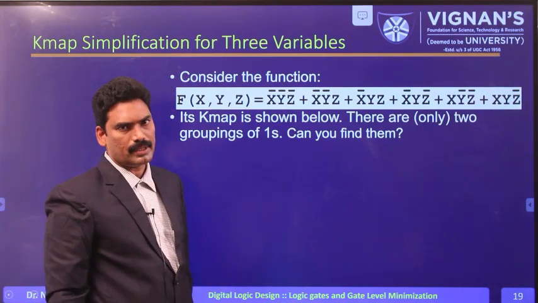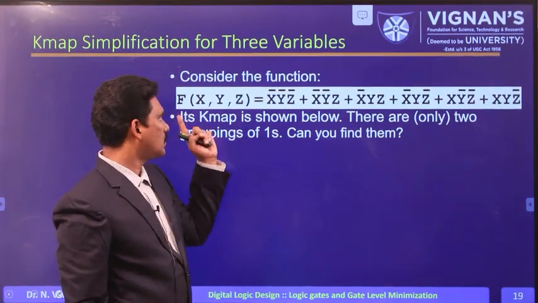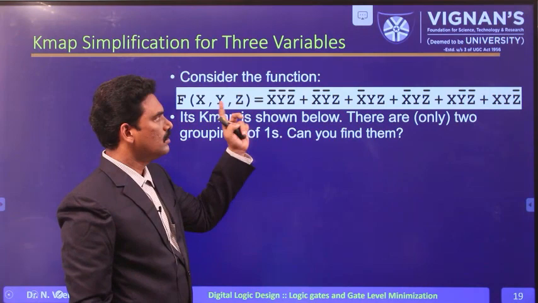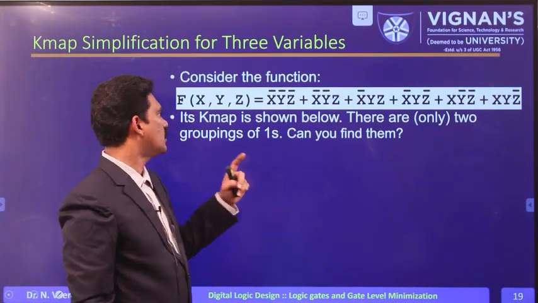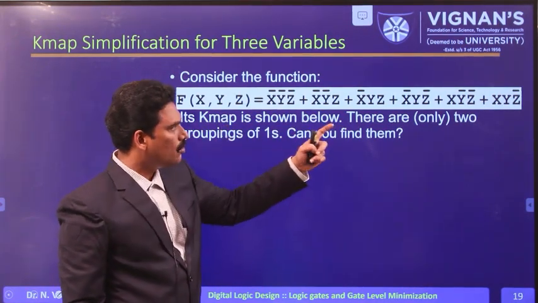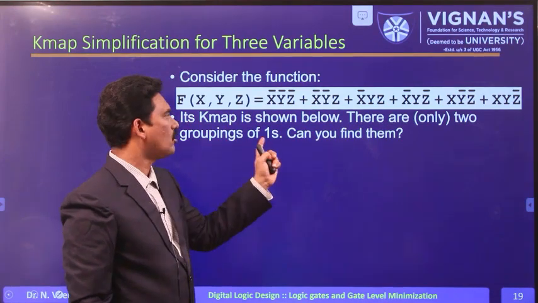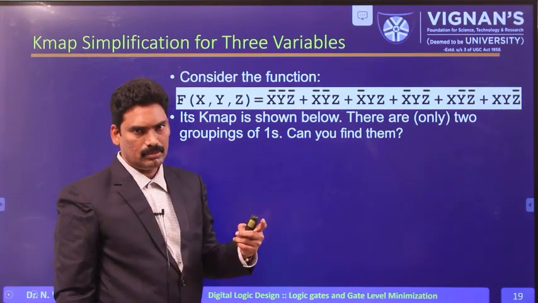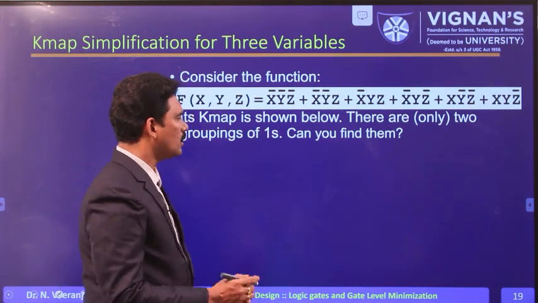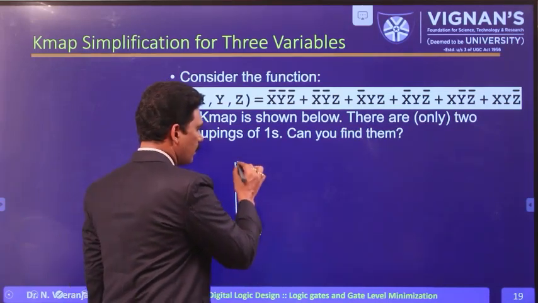Now another expression. Consider the function f of xyz equal to the expression given. Its K-map is shown below. There are only 2 groupings of ones. Can you find them? I am going to draw this K-map.